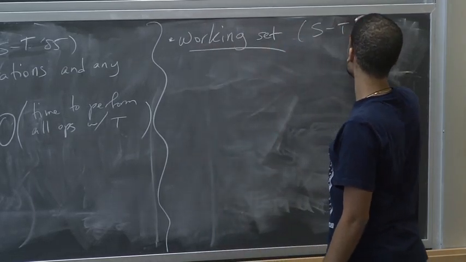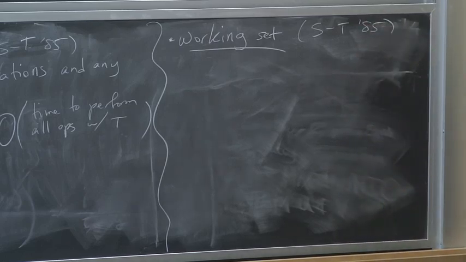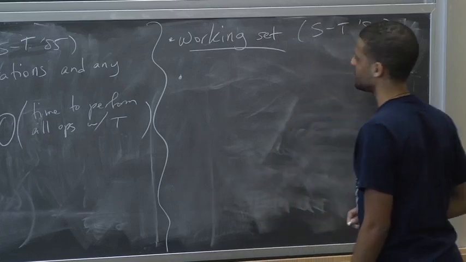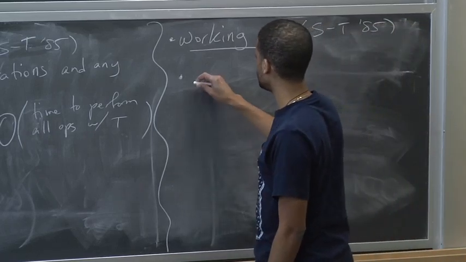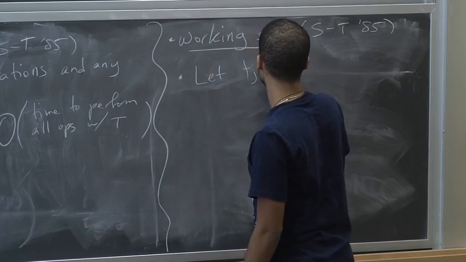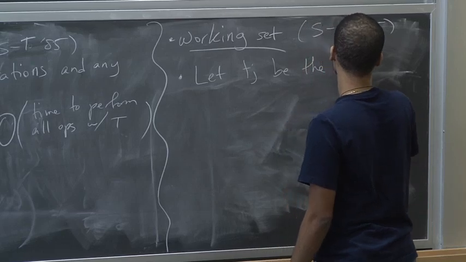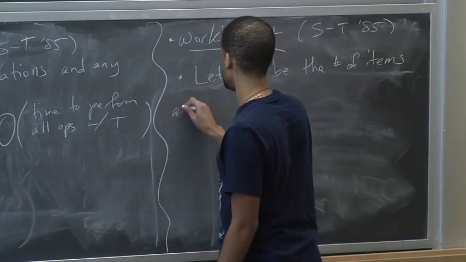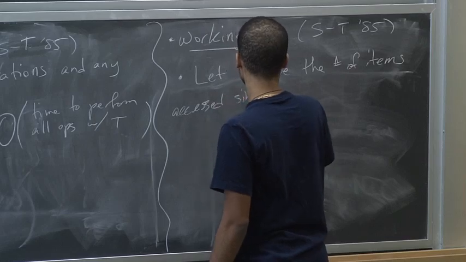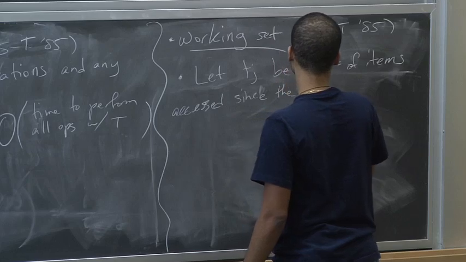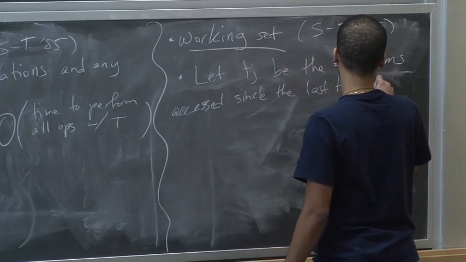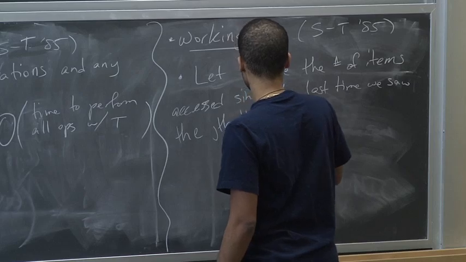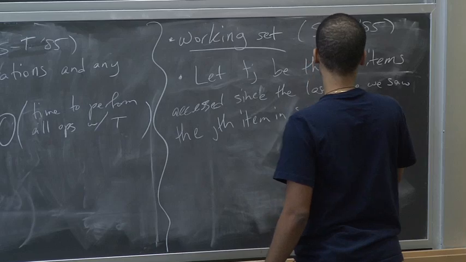This is also in Sleator and Tarjan. Okay. So I need to give you one piece of notation, one definition. Let tj be the number of items accessed since the last time we saw the jth item in the sequence of operations.